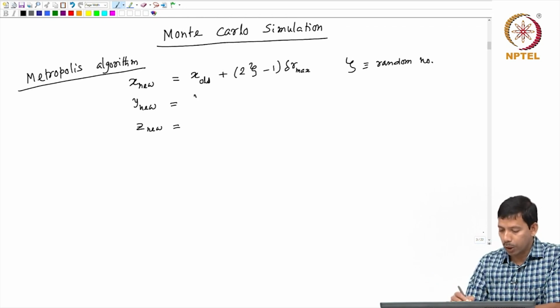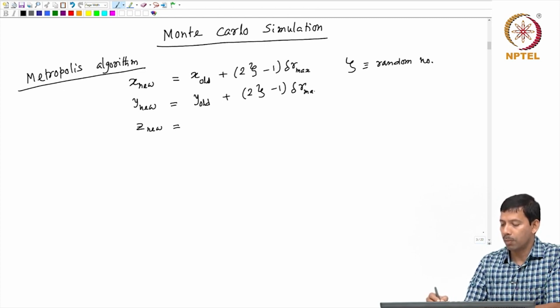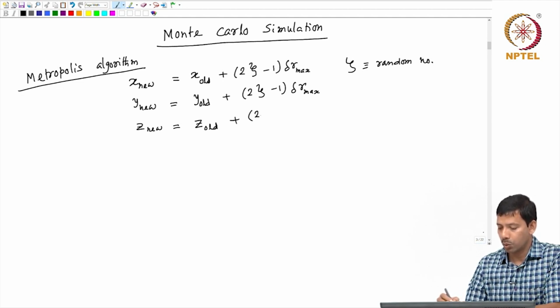Likewise, I will get y new from y old by using a random number, and delta r max is the maximum displacement given to the particle. So, z new similarly depends on z old plus 2 zeta minus 1 times del r max.